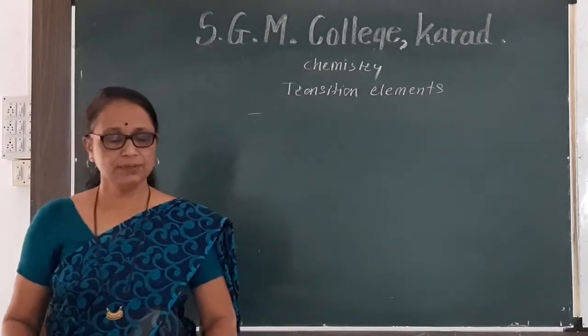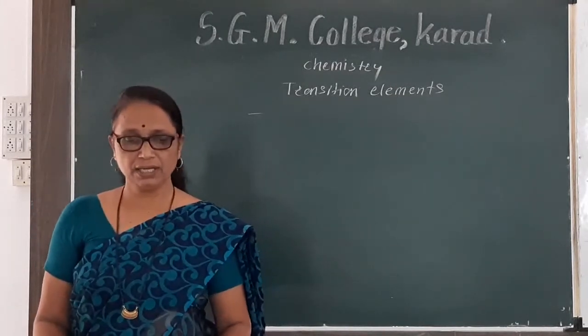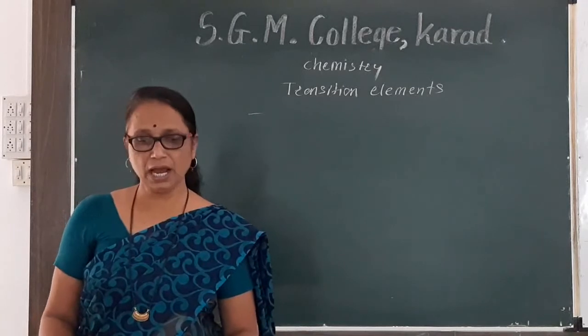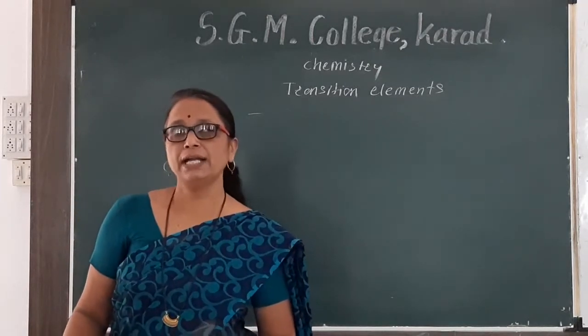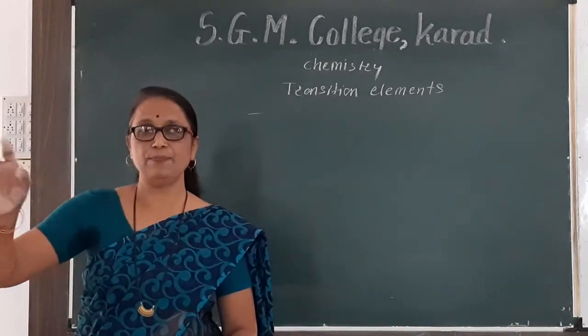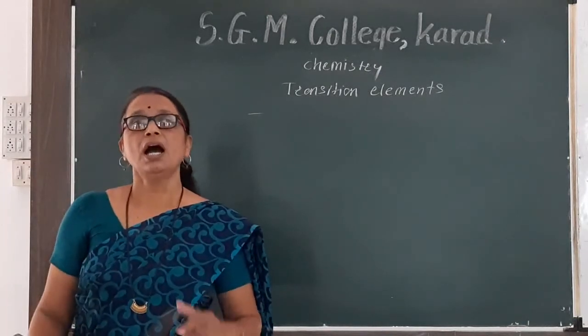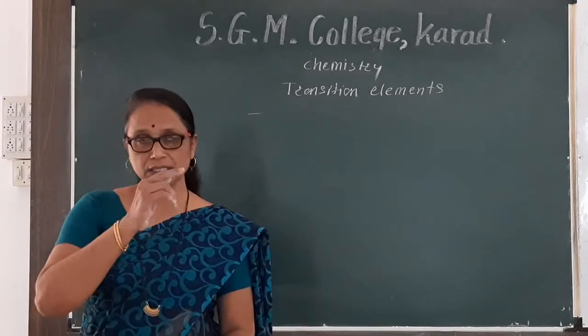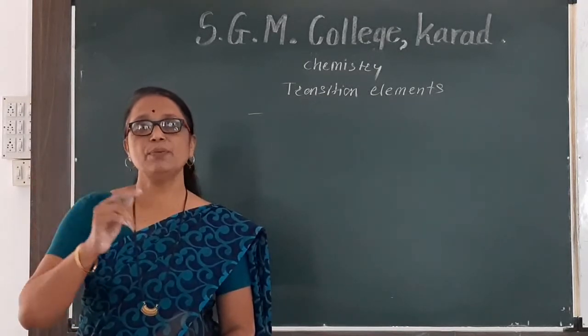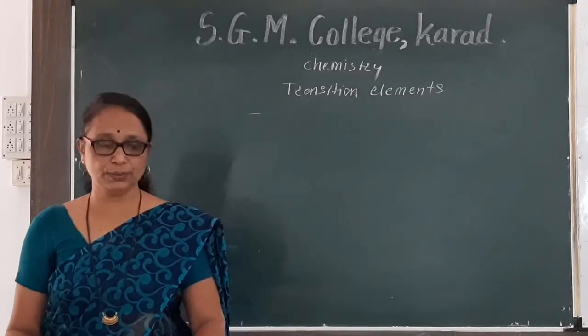Thus we see the different characters, atomic and ionic radius. In short, atomic radius decreases left to right, ionic radius also decreases, ionization enthalpy increases slowly with some irregularities.